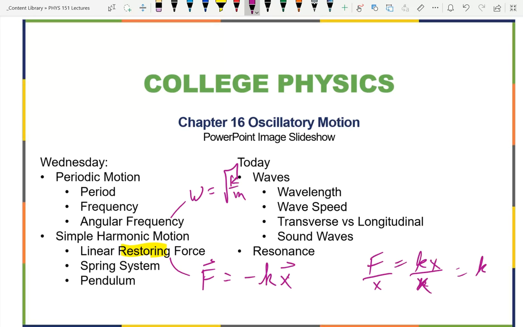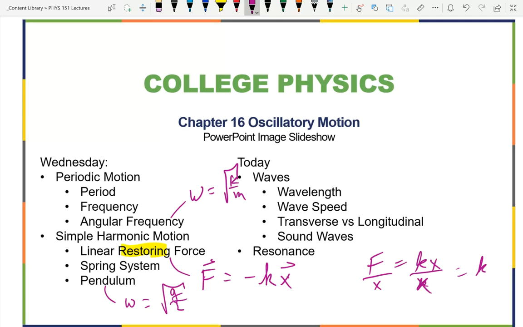Small angle. So for small angles, a pendulum behaves like a simple harmonic oscillator. And for the pendulum, omega is equal to the square root of g over L.